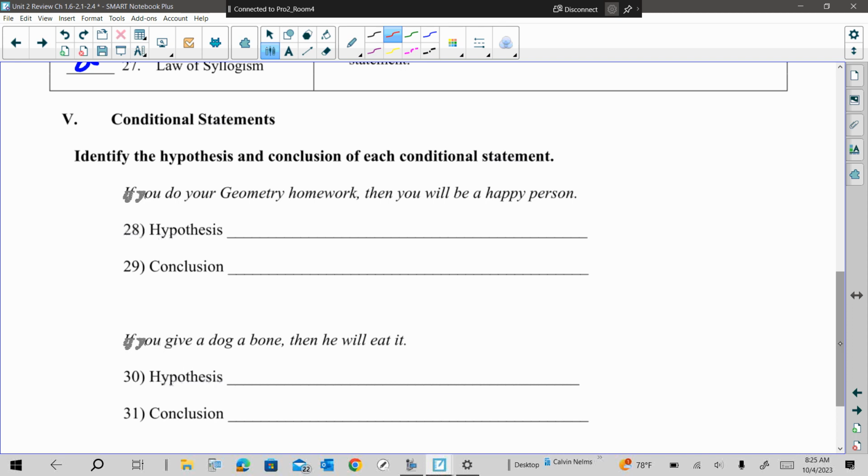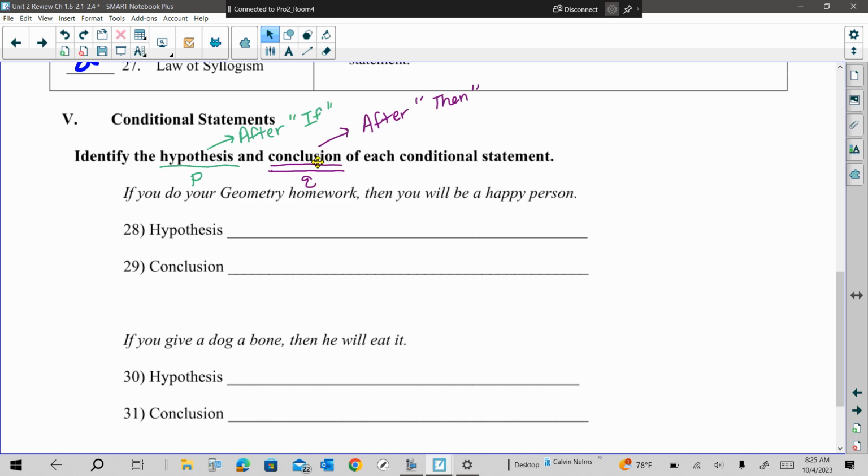So if we look here, it says identify the hypothesis and the conclusion. Remember your hypothesis, that's the P, which is everything after if. Your conclusion is your Q, everything after the word then. So if I was just doing the first one here, you do your geometry homework, that's the hypothesis.